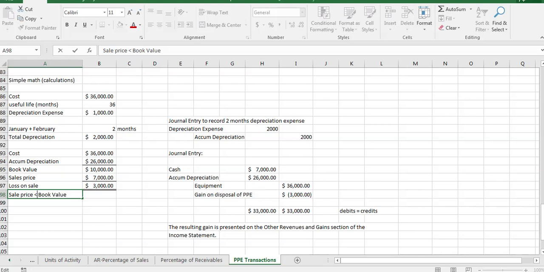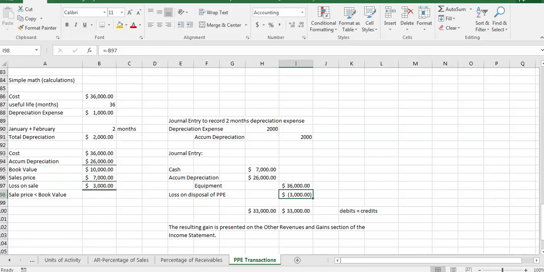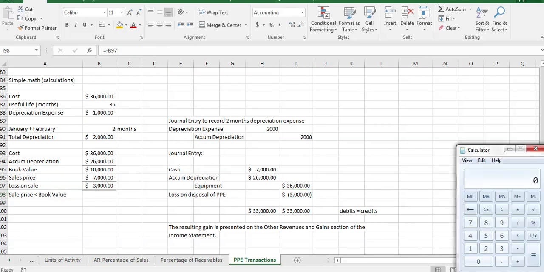We need to eliminate the gain on disposal, and we have to include a loss on disposal of the PP&E, which is a debit. Losses are recorded on the accounting books as a debit, and we will have that as 3,000. So we will have 3,000 as a loss on the debit side.